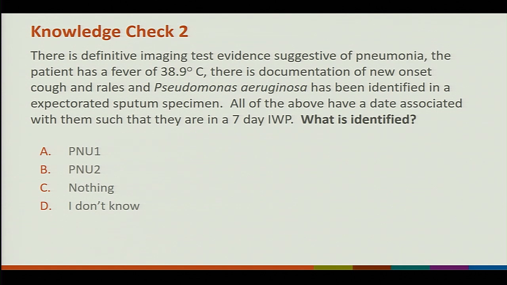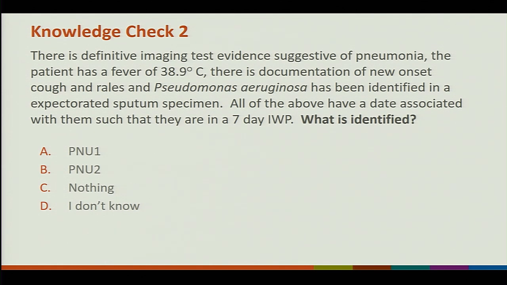Okay, now this is a little quickie knowledge check. I did note in your reference manual, if you look at day 5, the new algorithms are in there and the footnotes. So if you want to work through this knowledge check, you can refer to those algorithms. We have the checklists in your reference book. So we have definitive imaging and test evidence. Just take my word for it: the imaging is met.